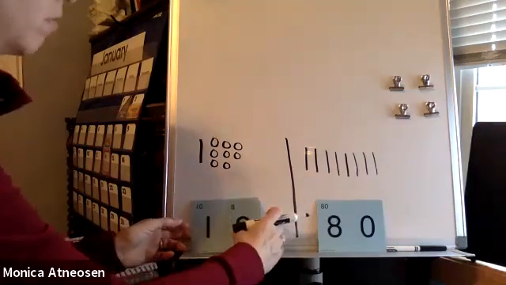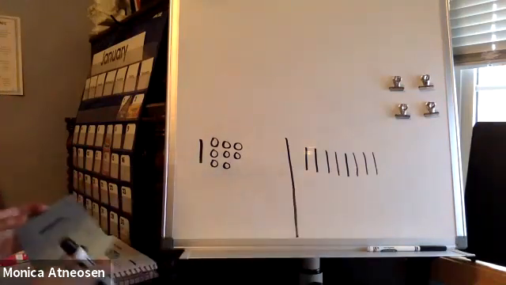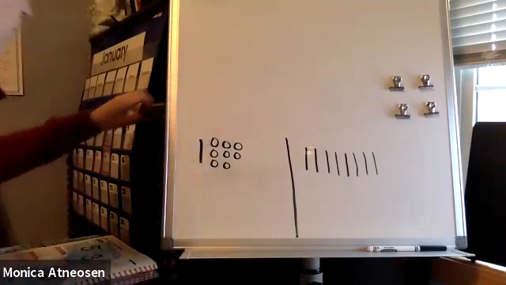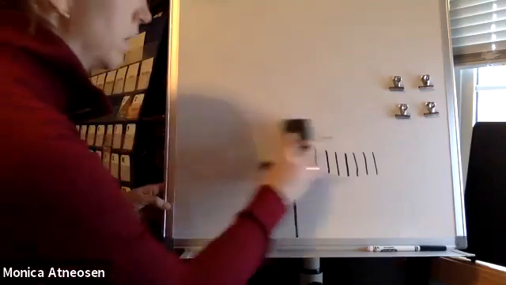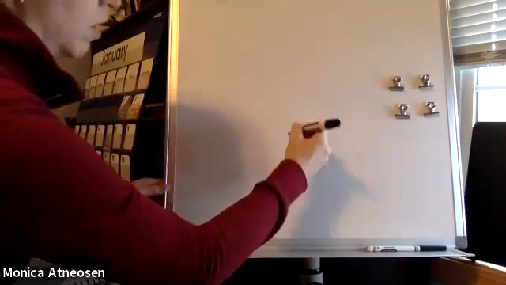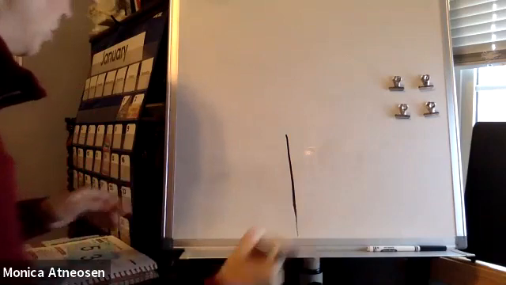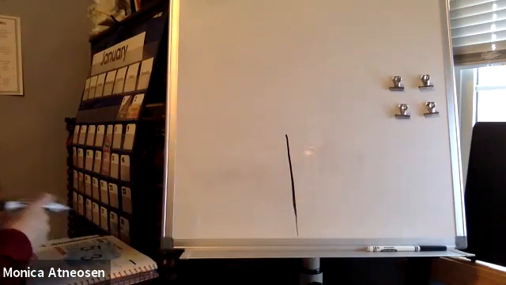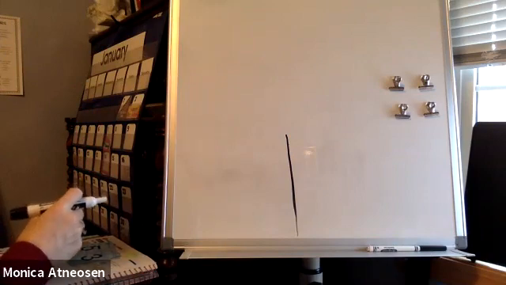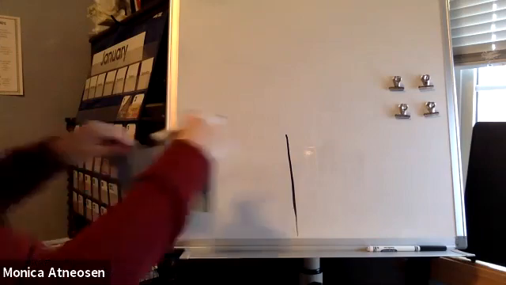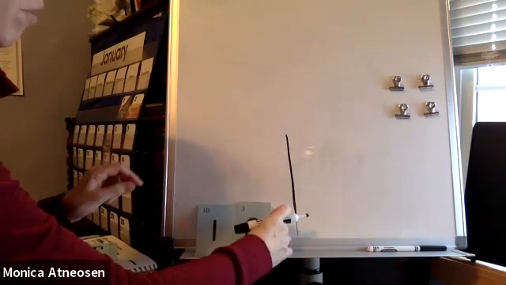Let's try it with another one that can be close or confusing like that. And you can erase your board and find a new place on your piece of paper. And I'm going to draw a line again. You can do that on yours too. And the number on the other side I'm going to use is 13.